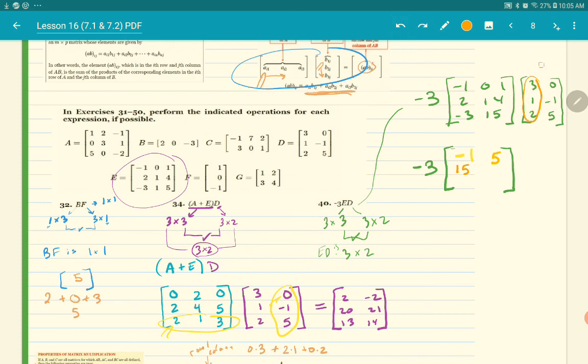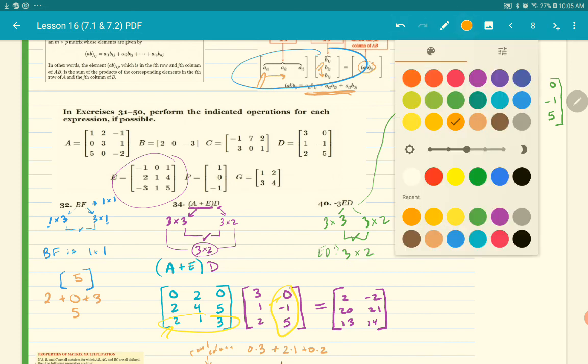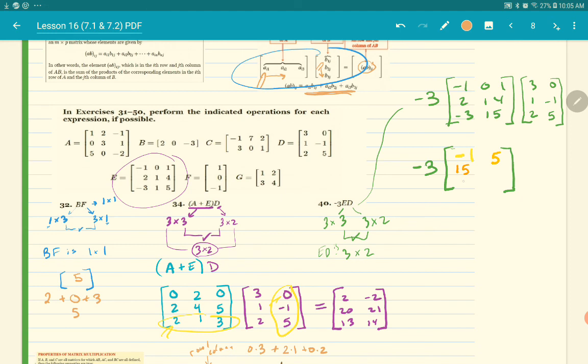And then I put my finger on for row 3, column 1. I have -3 times 3, that's a -9, plus 1 times 1, which is 1. So now I have -8, plus a 5 times 2, which is 10. So -8 plus 10 gives me a +2.